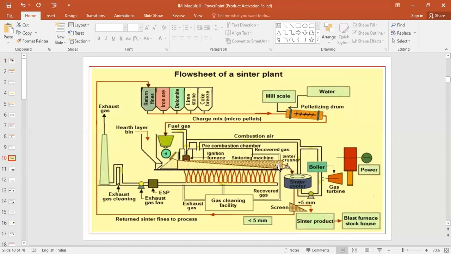From here, because the sinter bed is a circular moving bed, when it moves to the bottom side, the entire charge will fall, be crushed in the sinter crusher, and the crushed sinter will fall onto the conveyor belt, and from there move on to the intercooling machine.